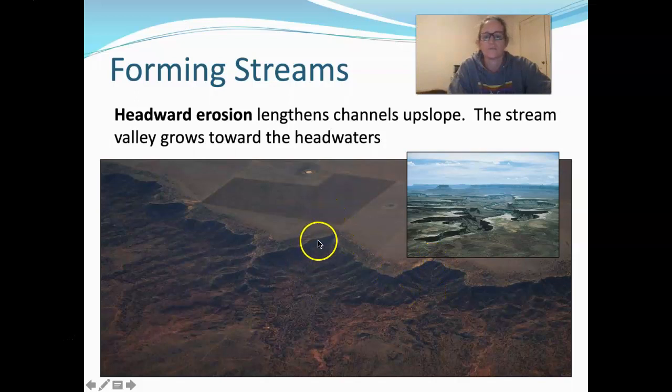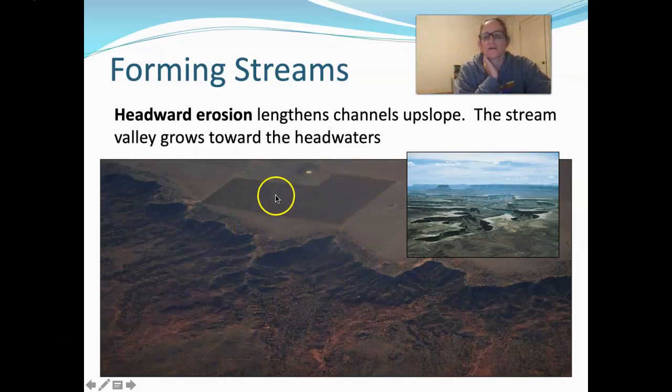And so if we pick this one here in the middle, this point right here, I'm going to circle it, this point right here is moving away from us, right? And so it's eroding towards the headlands, this flat area.